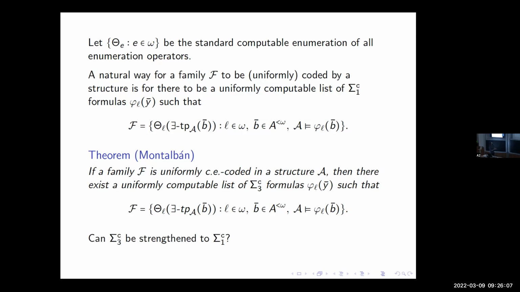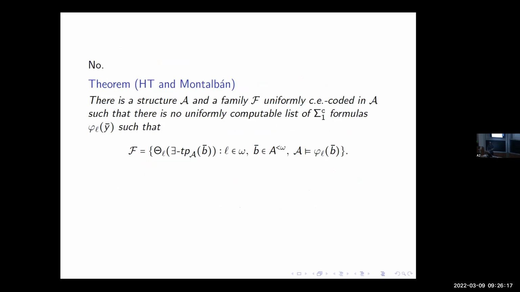So the natural question is, can you strengthen sigma 3 to sigma 1? Which is basically, can you get an if and only if characterization of a structural property for coding a family? And the answer is no. There's some structure, and there's a particular family that's coded in that structure, but there's no uniformly computable list of sigma 1 formulas that make this happen.